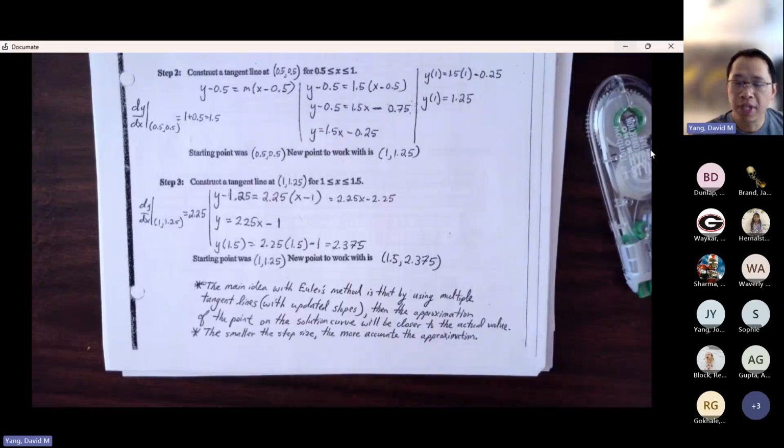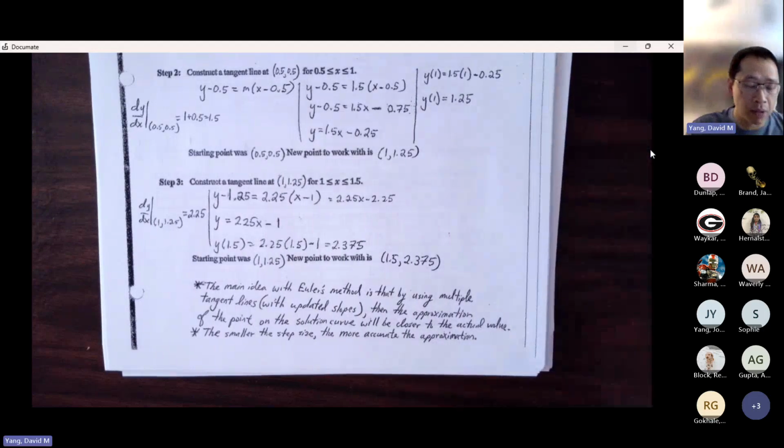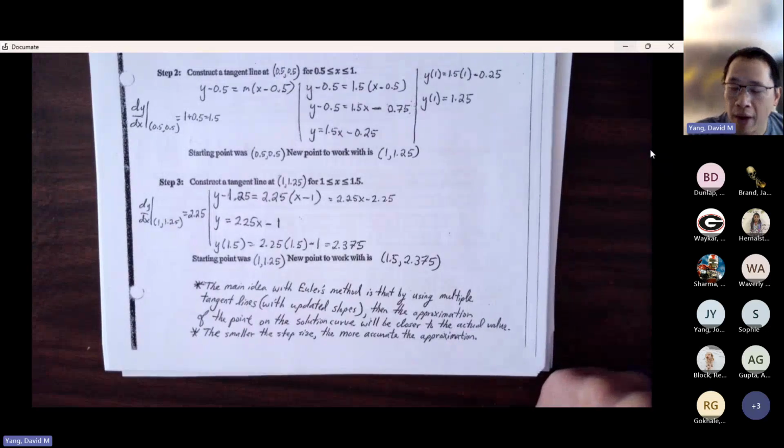Because if we take smaller step sizes, we're able to gather more information from the differential equation at these individual steps, and make more incremental adjustments to eventually arrive at our approximation.